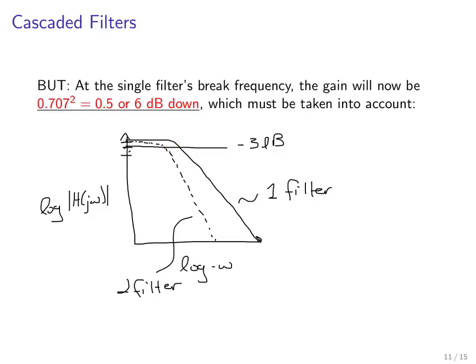So we have to take this into account, as I said, to make sure that we don't over-attenuate the low frequencies. So basically, what you would do is duplicate the single filter twice, but then adjust the resistance or the capacitance such that you push the corner frequency a little bit higher, back to where you originally wanted it to be.